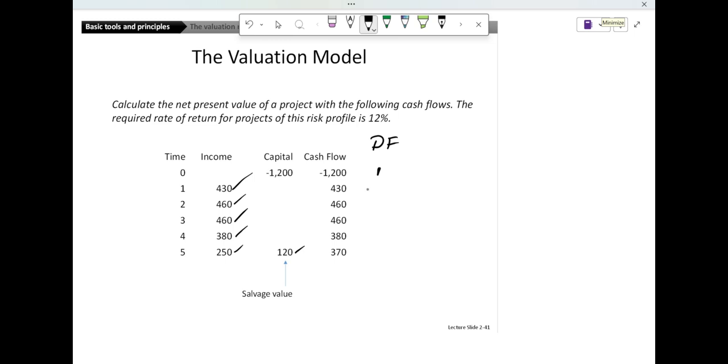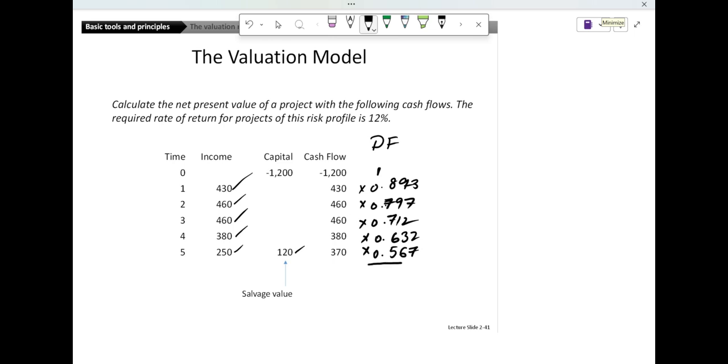In the second year it will be multiplied by 0.893. Third year it is 0.797, then 0.712, 0.636, 0.567.